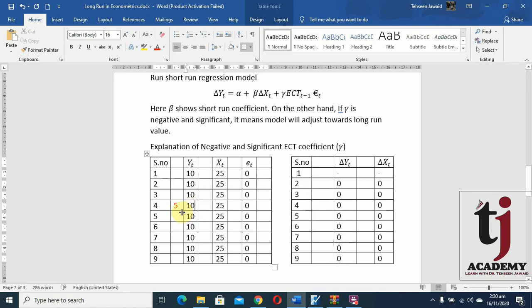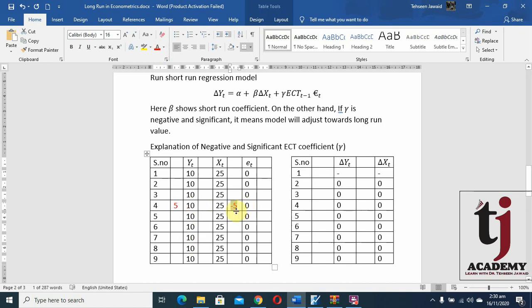If we find the difference between actual, 5, and estimated, 10, the difference between these two values would be -5. This is called the error. This is the error value: actual minus estimated.